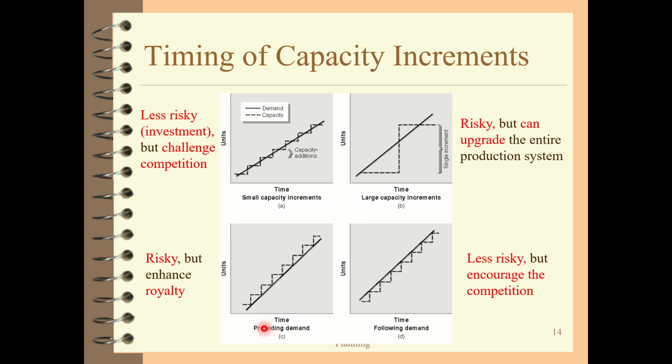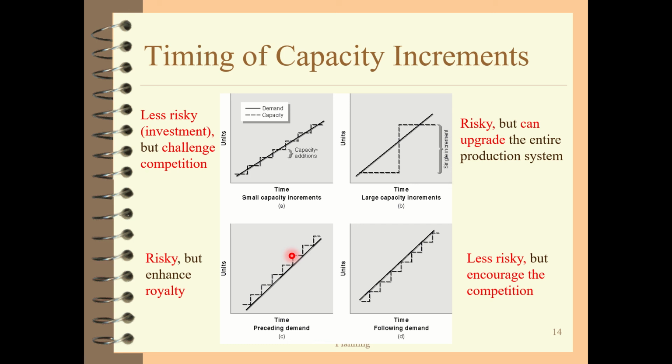The third approach is increase before the demand or preceding demand. This approach is risky but enhance loyalty because whenever customer come to see you, you can give them, right? Okay.